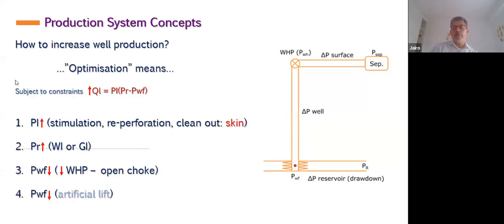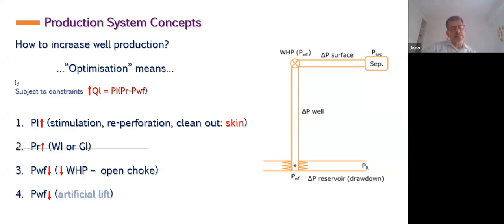How to increase the well production? We are talking about optimization. PI can be increased by stimulation, reperforation, clean out, and those are skin components. The reservoir pressure could be increased by injecting water or gas, if possible, of course.